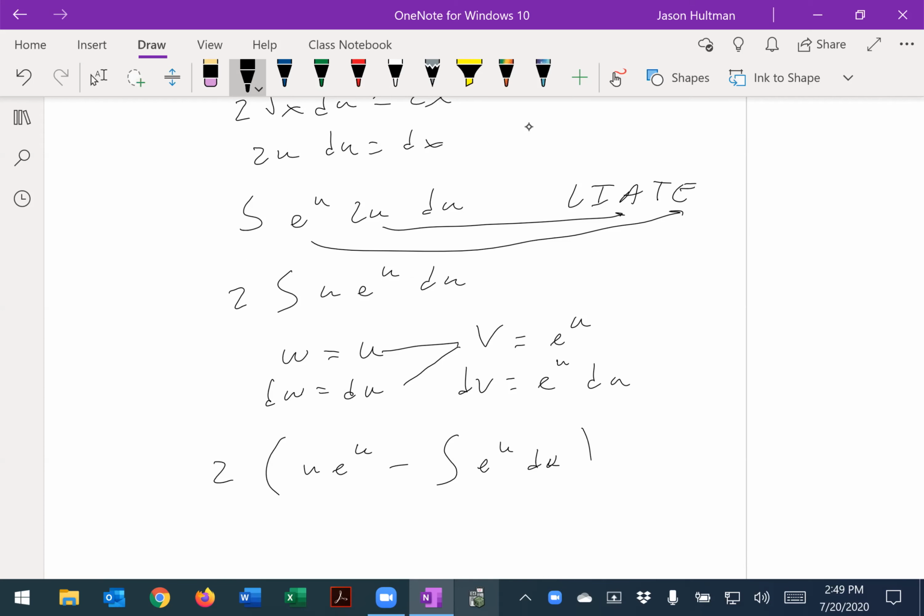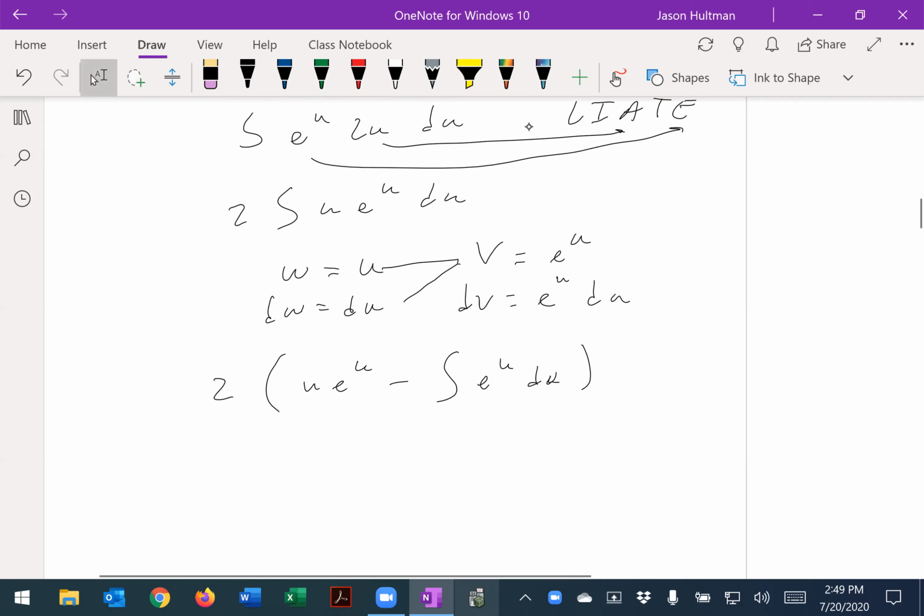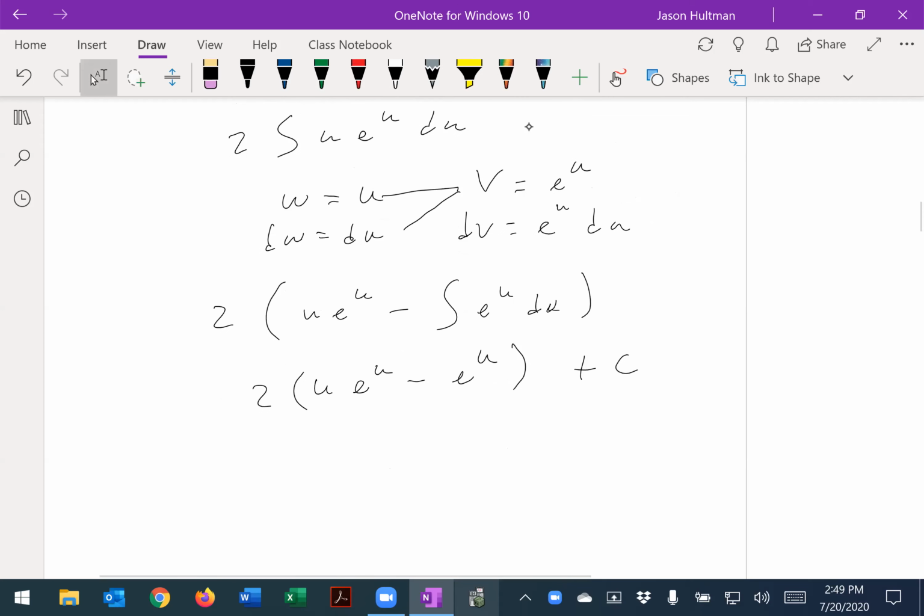So what is the integral of e to the u? Well, it's just itself, right? So this is u e to the u minus e to the u, all times 2 plus c. So this is going to be 2u e to the u minus 2 e to the u plus c.